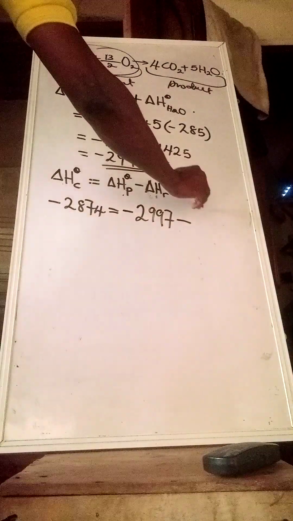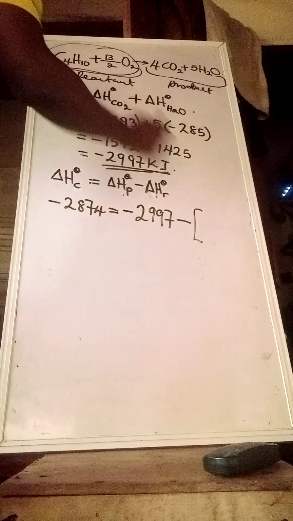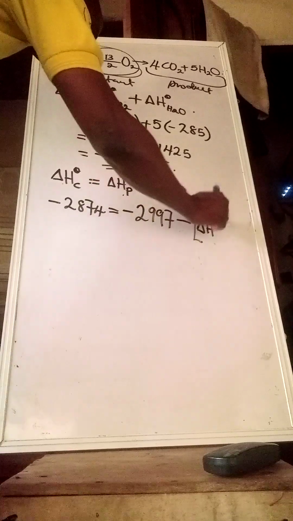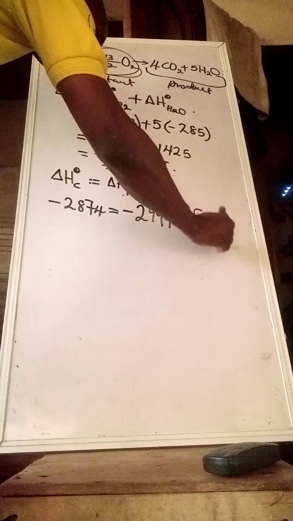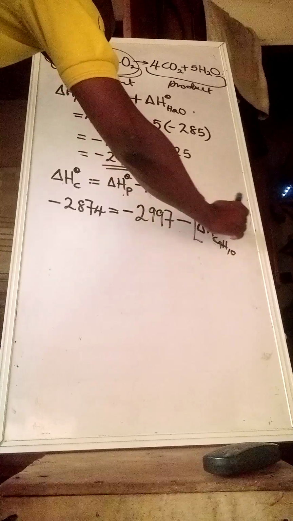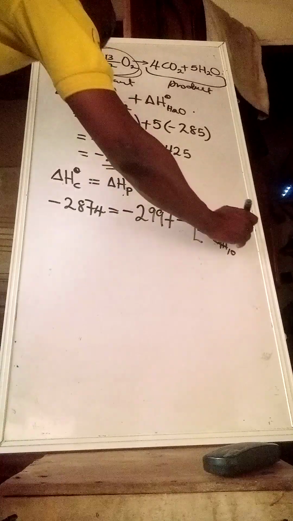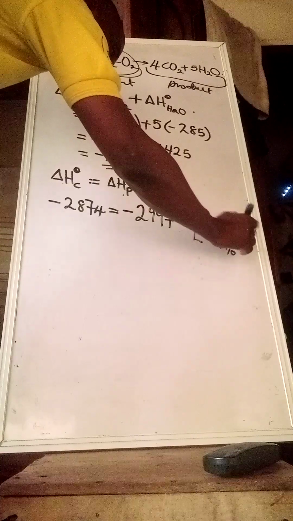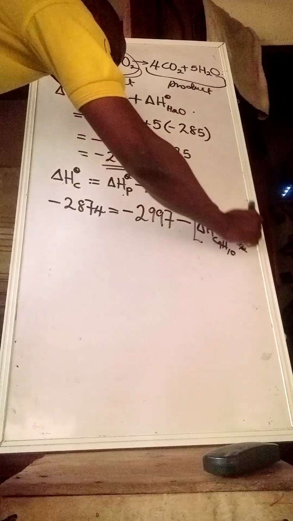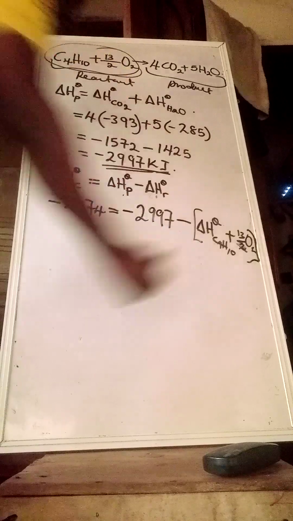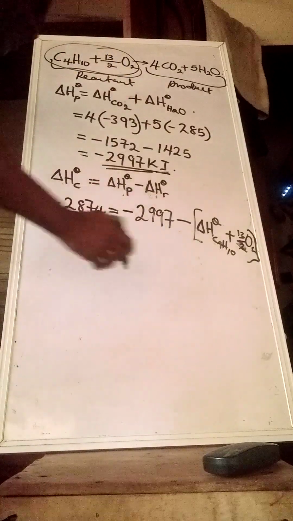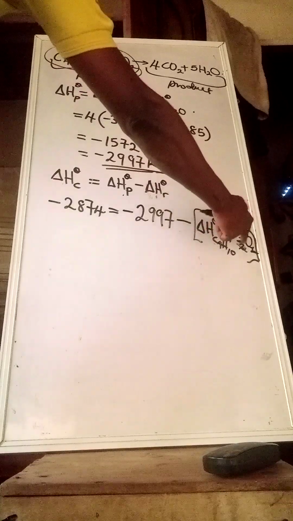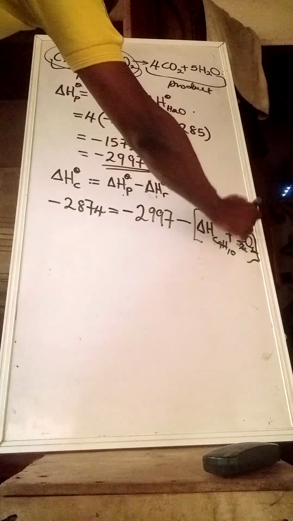That will now be, for the C4H10, enthalpy change for C4H10 plus that of 13/2 of oxygen. But because oxygen does not have any heat of formation, that will be 0.